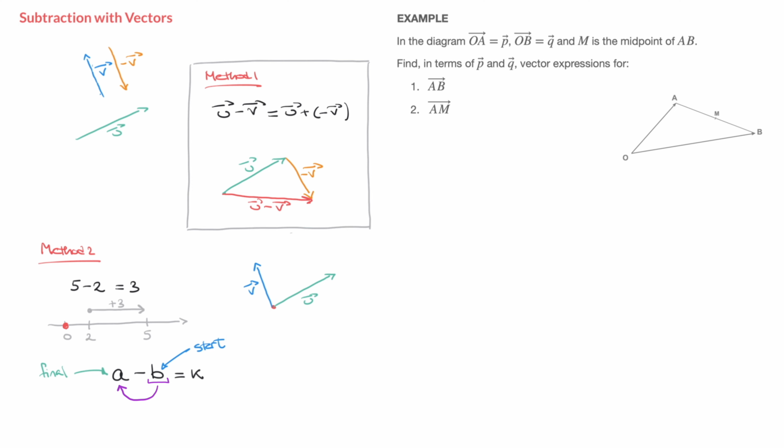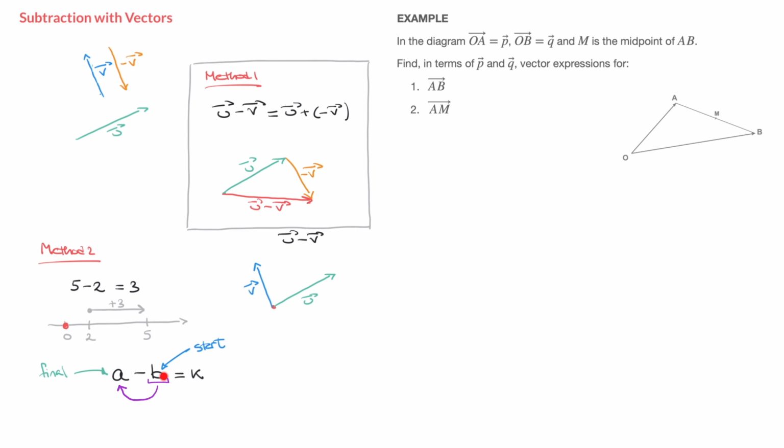Okay, now let's say we have to draw vector u minus vector v. Well, in a very similar way to what we saw here, the result of vector u minus vector v will tell us how to get from the point that vector v is pointing towards to the point that vector u is pointing towards.